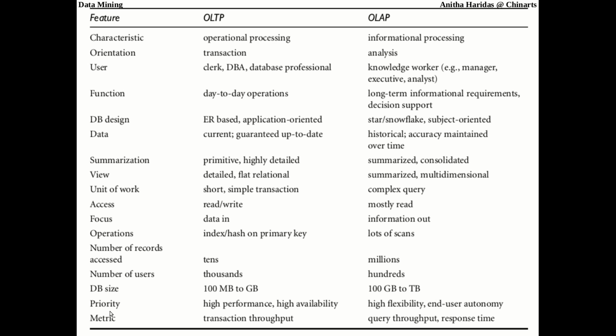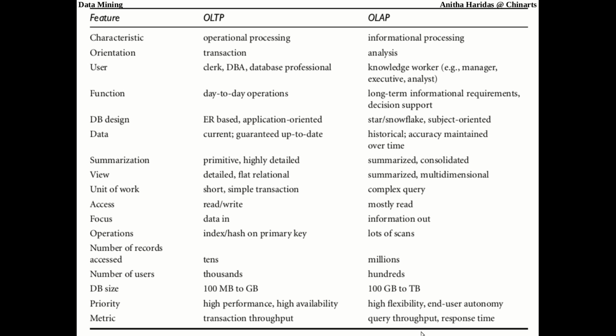And the metric here is the transaction throughput. How many transactions are done per second? How many transactions are stored per second? That is the metric used for the online transaction processing system. But here it is going to be the response time and the query throughput.